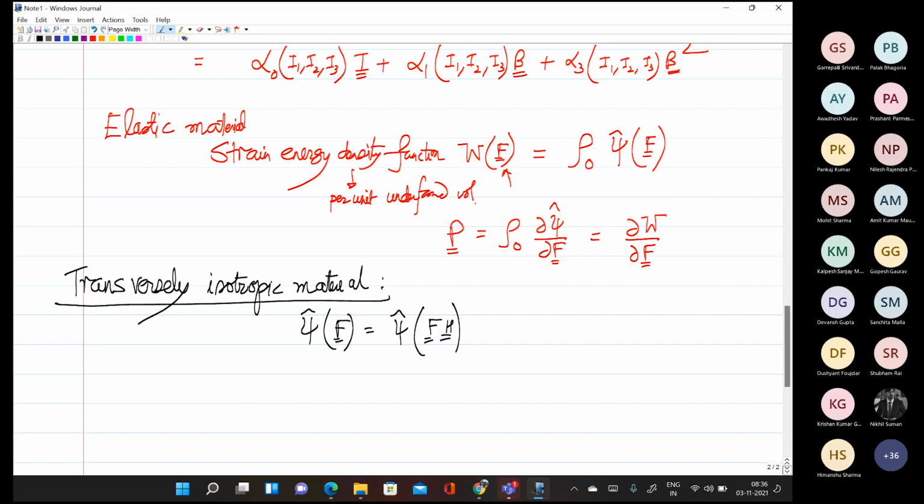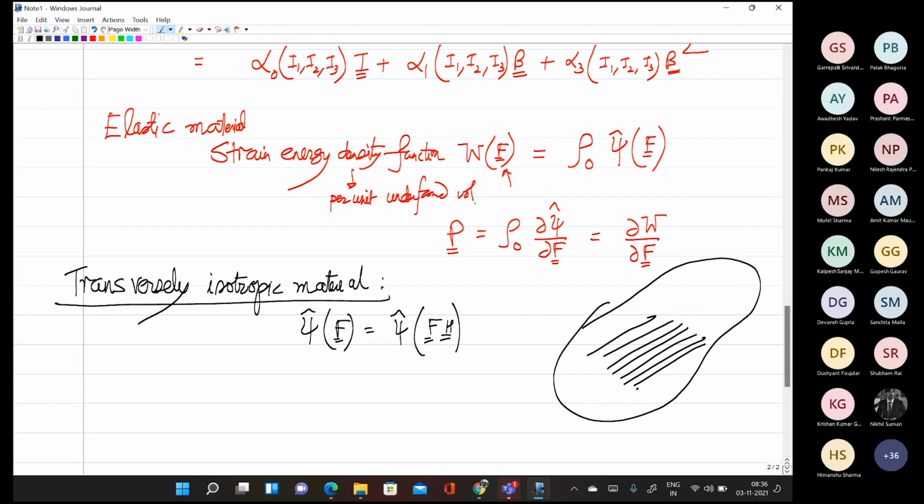So a transversely isotropic material basically has a principal material direction. And then you can do rotation about that principal material direction and the property remains unchanged. So it's like you have this material and it has a family of fibers. If you make a rotation about this axis aligned with the family of fibers, you see the same property, right?